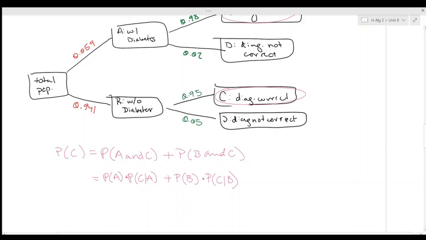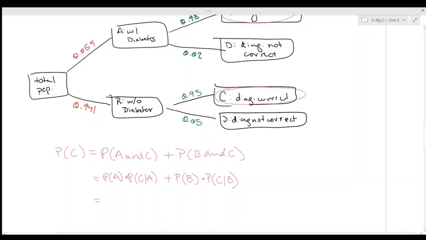So that's how you set this up. In order for it to be correct for someone with diabetes, it's given that that person has diabetes. To figure out the diagnosis correct for someone without diabetes, you have to have the probability of being diagnosed correctly given they do not have diabetes.